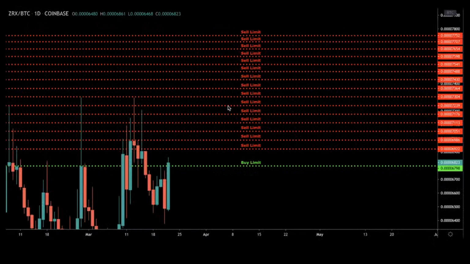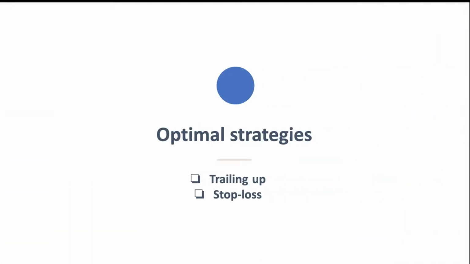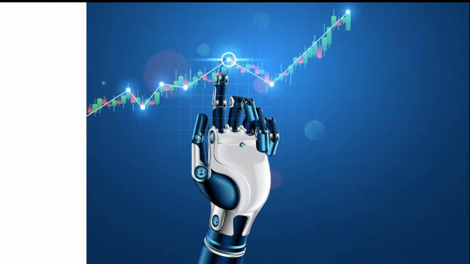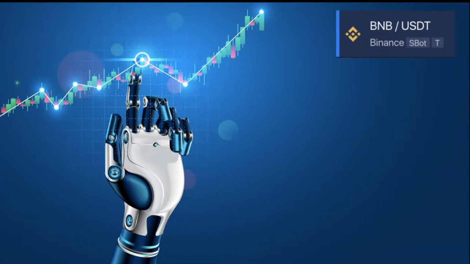Now let's move on and talk about the optimal strategies using trading up and stop loss functions. So here is an example. I had on my real account BNB trading to USDT, which I placed with only 28 grid levels and with a total investment amount of $322.